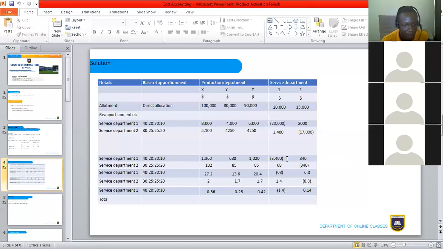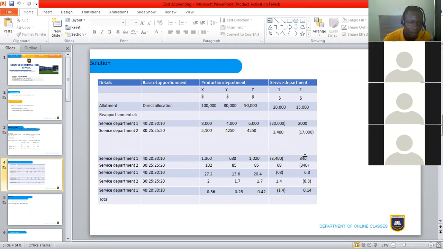Yes, Aberinga. Sir, because that's the one that we are apportioning. Yeah, that's it. That's the reason why it's in bracket. So you had it correct.